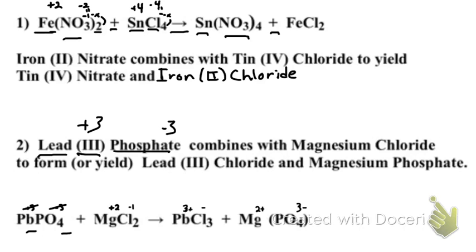Both of them will go into 6. So we'll make this negative and this one positive. How do you turn -3 into -6? You multiply it by 2. How do you turn +2 into +6? You multiply it by 3. So this is Mg3(PO4)2. Final answer.